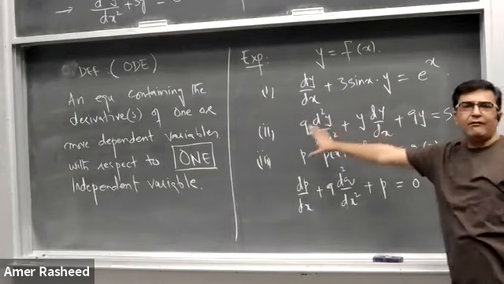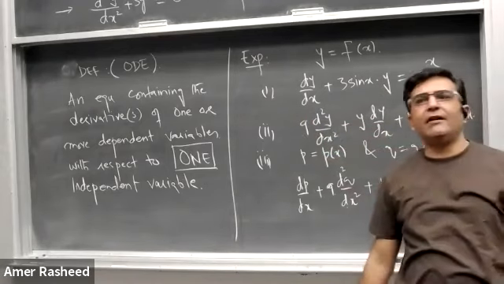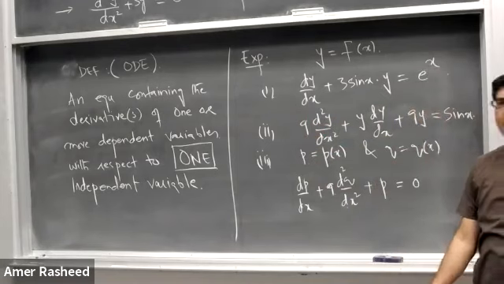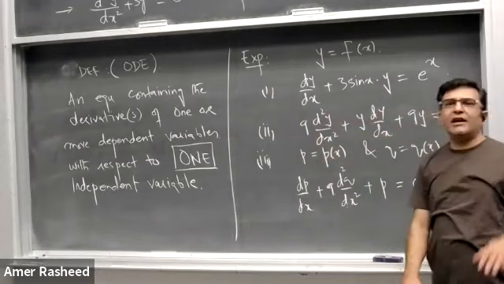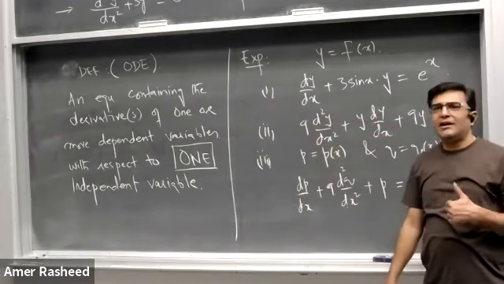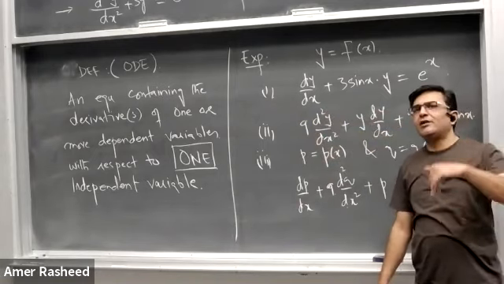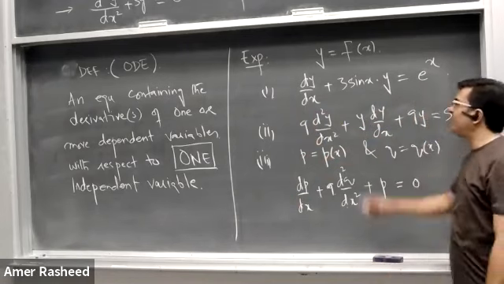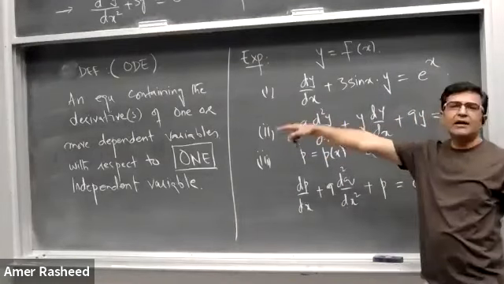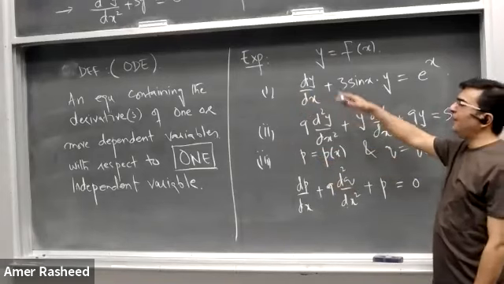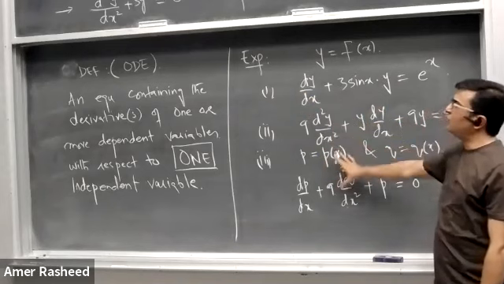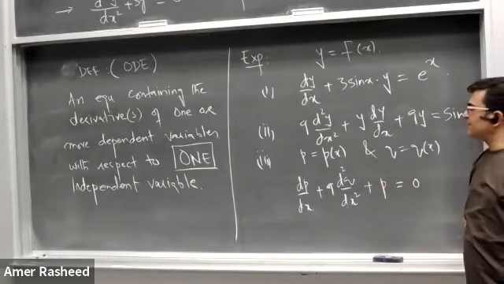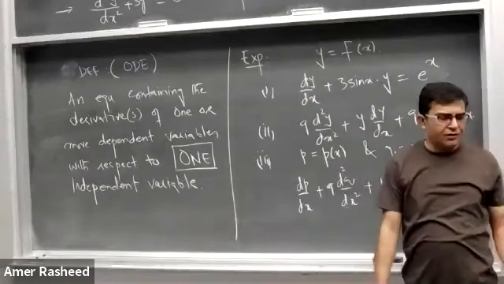And it involves derivatives of a function, the first derivative and second derivative. It can be a third derivative or any order derivative. So this is an equation which involves derivatives of one dependent variable with respect to one independent variable. The independent variable should be one in ordinary differential equations. Dependent variables could be one or two or more. They are still ordinary differential equations. I hope you get it. If you have any question, you can ask me.